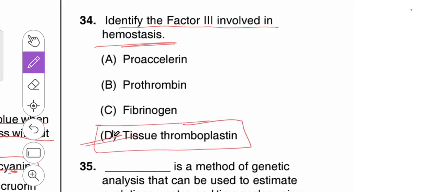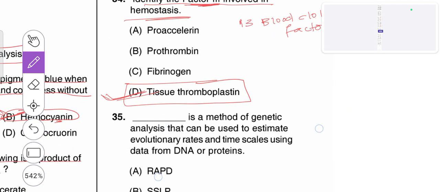So this tissue thromboplastin is involved in factor 3. There are 13 different blood clotting factors. Here, in factor 3, you will come across this tissue thromboplastin.